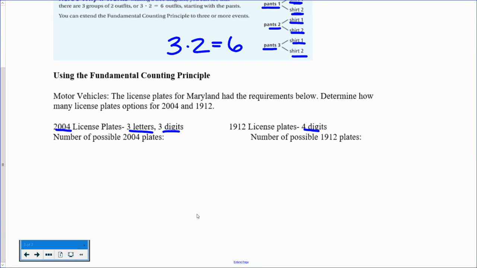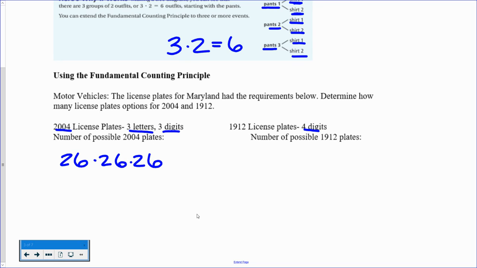Okay, so if there are 3 letters, I got to think about how many letters are there. There are 26 letters, so there are 26 options, and a lot of students will want to do 26 times 3. Okay, but I'm not doing 26 times 3 because that would be adding 26 3 times. I'm taking 26 times 26 times 26 because there are 26 options for one of those letters, and then another 26 and another 26.